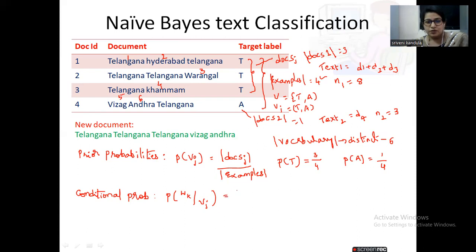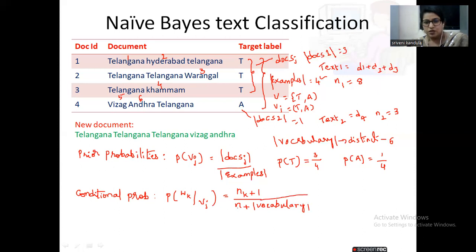So the formula for this is Nk plus 1 divided by N plus mod vocabulary. We already have all these values.